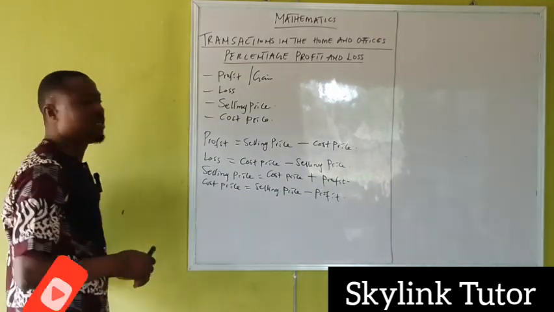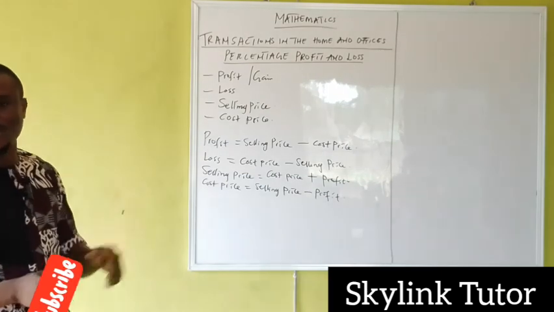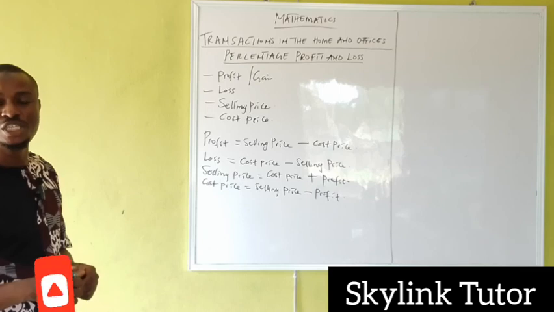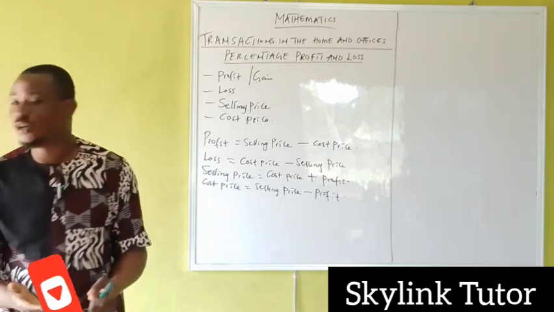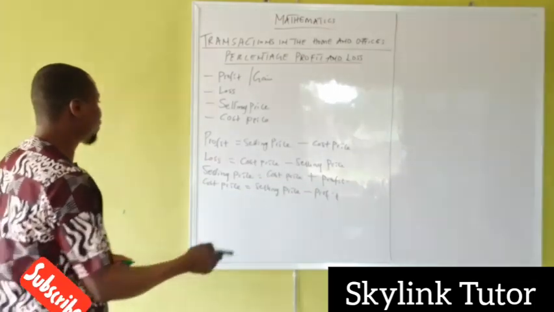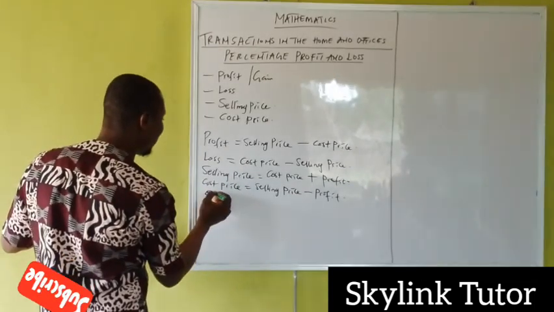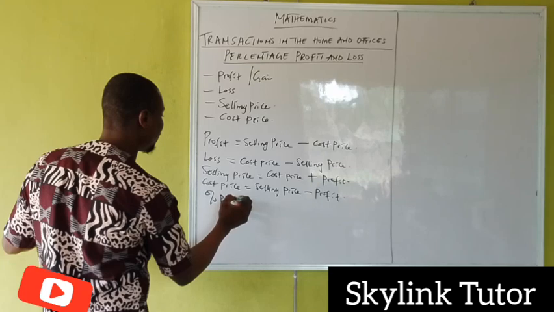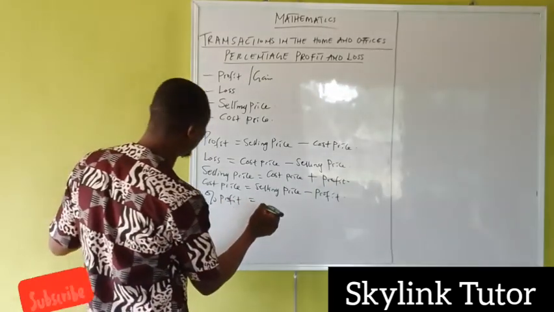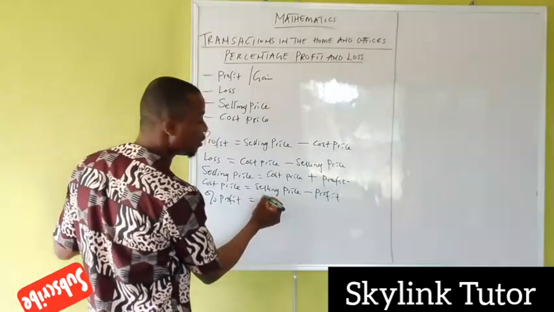The next thing is, okay, if we get all these values, we now want to know the percentage at which we are making profit, or the percentage at which there is a loss. That's why we are now going to have percentage profit. Our percentage profit is equal to what?